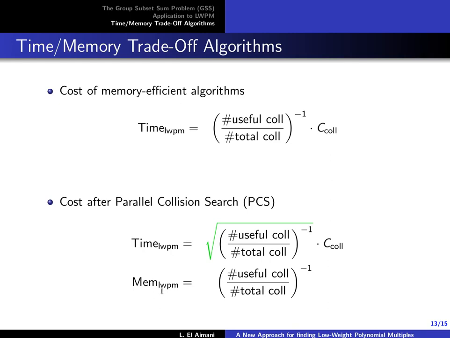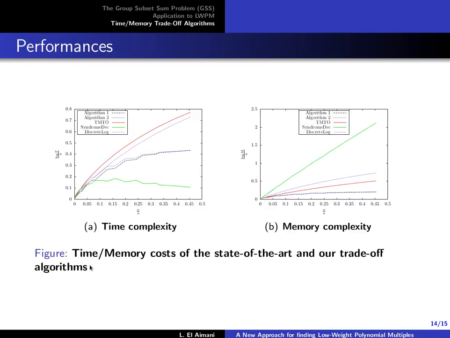In this figure, we compare the time and memory costs of the state-of-the-art and our trade-off algorithms. Here we can see that our trade-off algorithms outperform in memory, and in general we can say that our trade-off algorithms achieve a nice time-memory trade-off compared to the state-of-the-art.